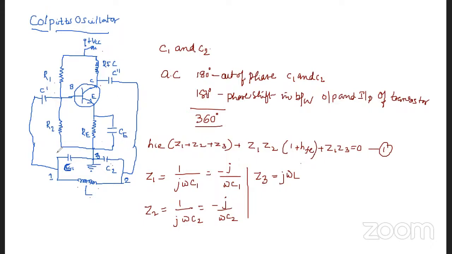Only the thing is, in the case of the tank circuit here, the inductors have been replaced by these capacitors. So in this tank circuit, compared to the Hartley oscillator, the inductors are replaced by the capacitors C1 and C2, and the capacitor is replaced here by an inductor coil L.